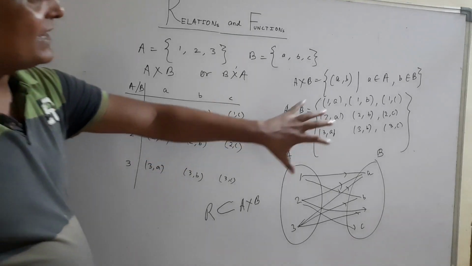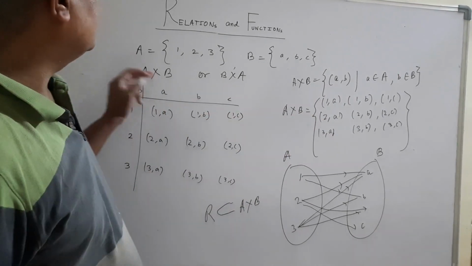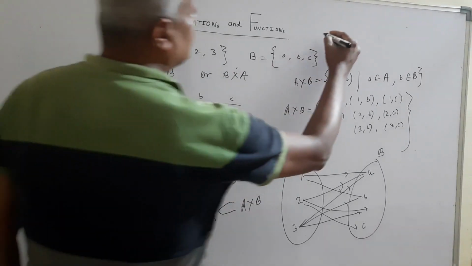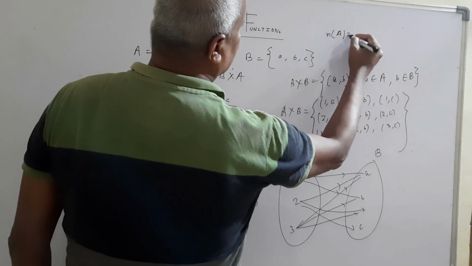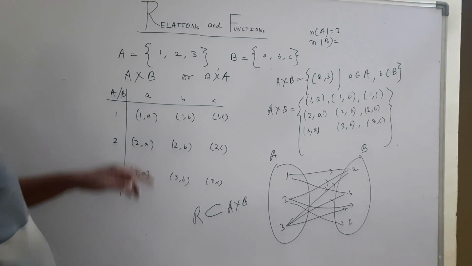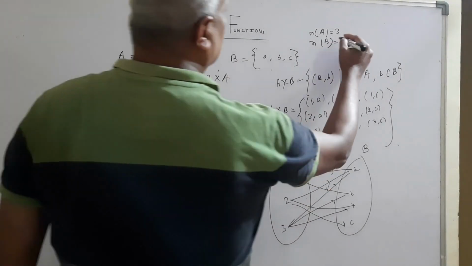For example, if you take A cross B as a set, the number of elements in set A is 3 and the number of elements in set B is also 3.